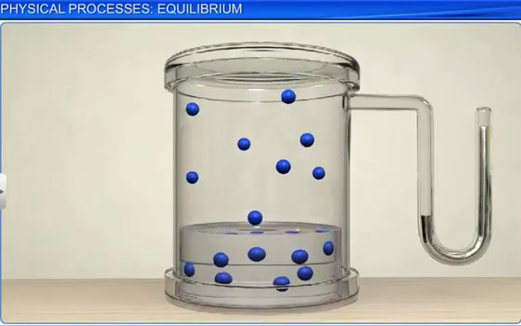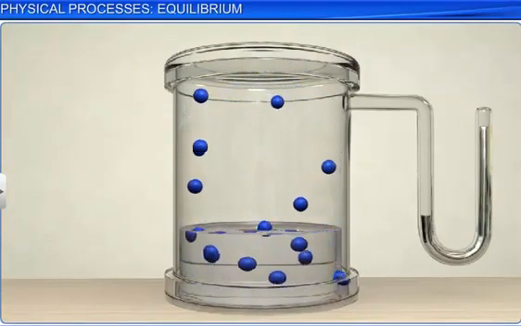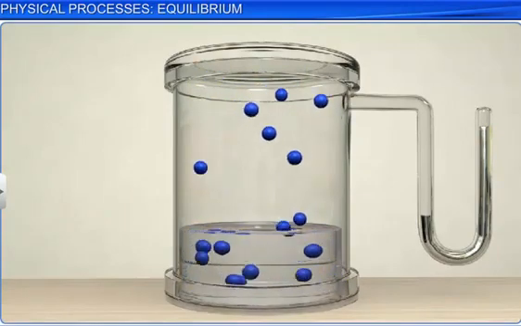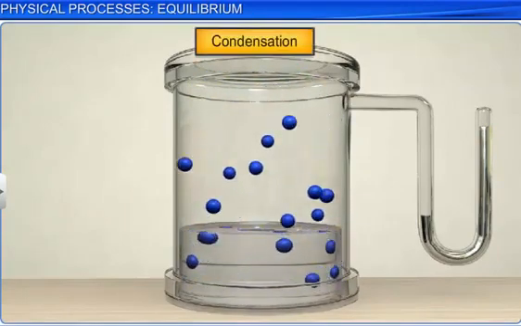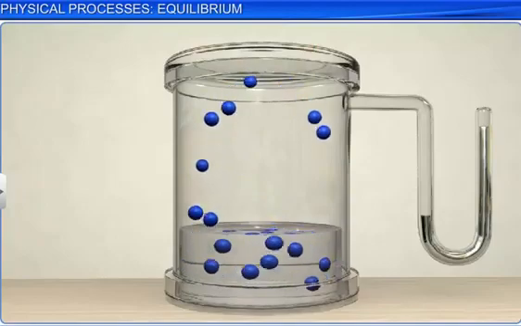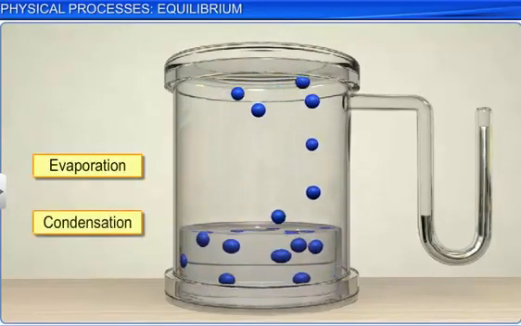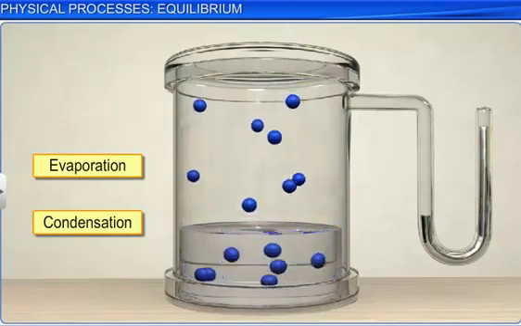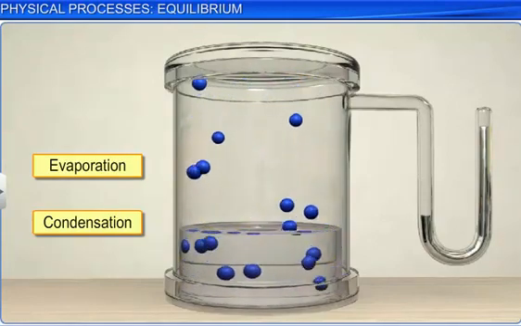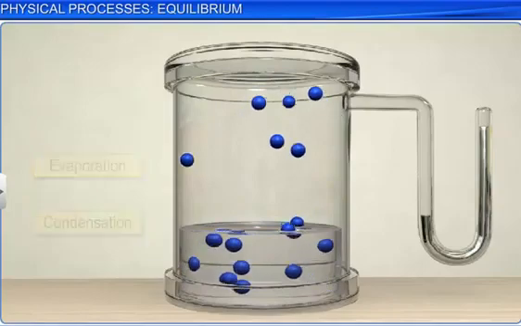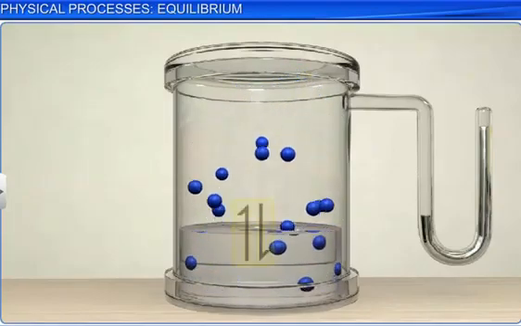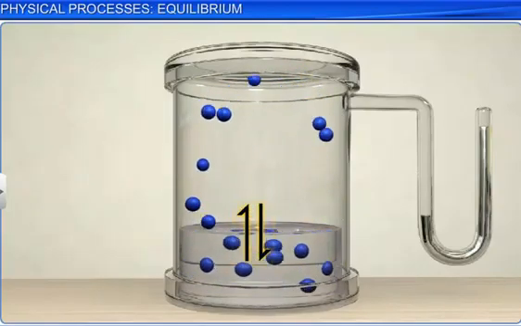This process is called condensation. At any given temperature, evaporation and condensation take place simultaneously. After some time, the rate of evaporation becomes equal to the rate of condensation, and then liquid-vapor equilibrium is established.